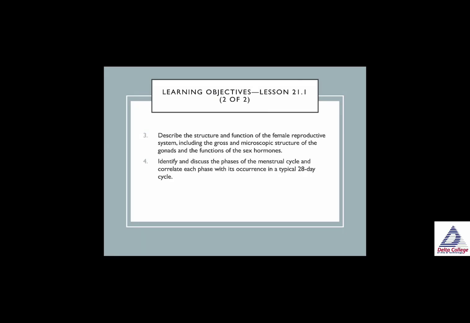Describe the structure and function of the female reproductive system, including the gross and microscopic structure of the gonads and the functions of the sex hormones. Identify and discuss the phases of the menstrual cycle and correlate each phase with its occurrence in a typical 28-day cycle.